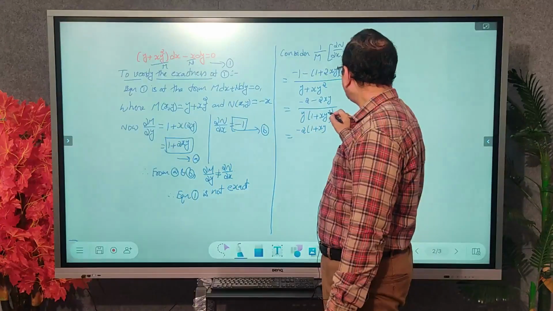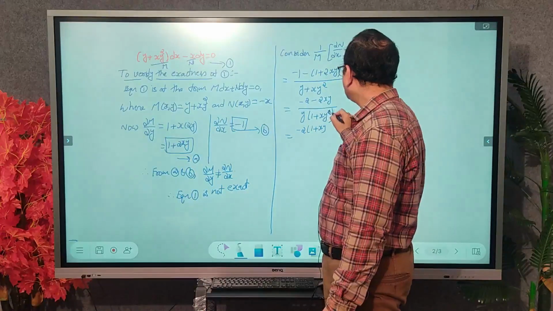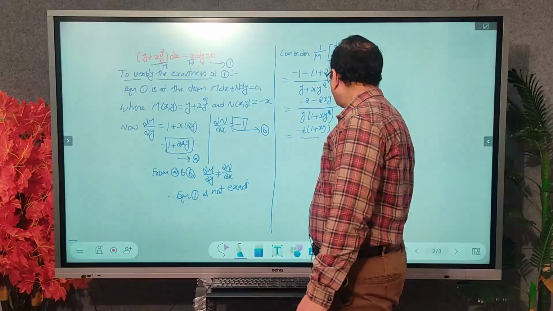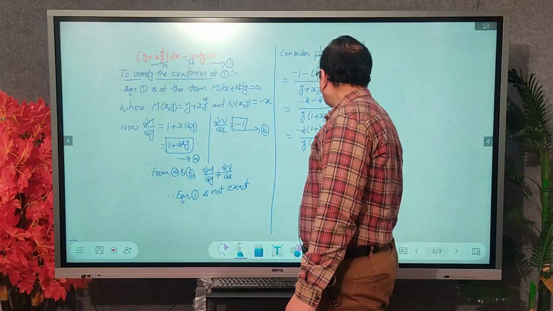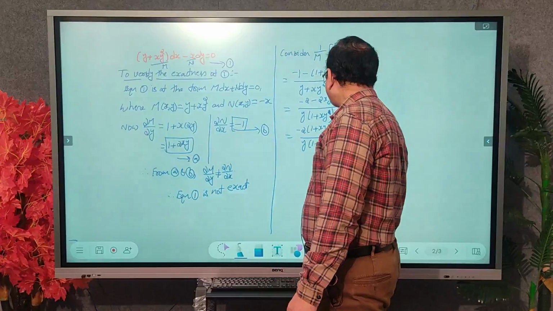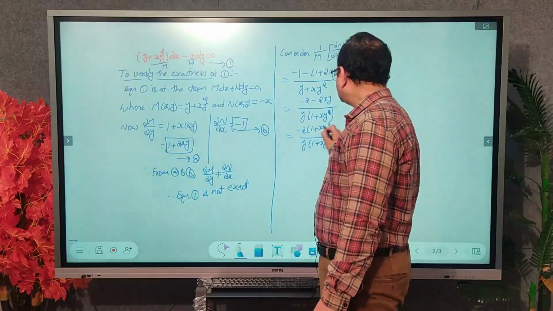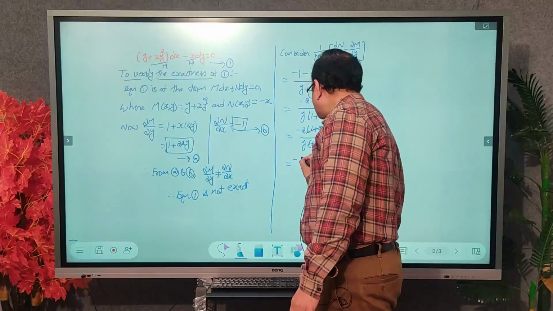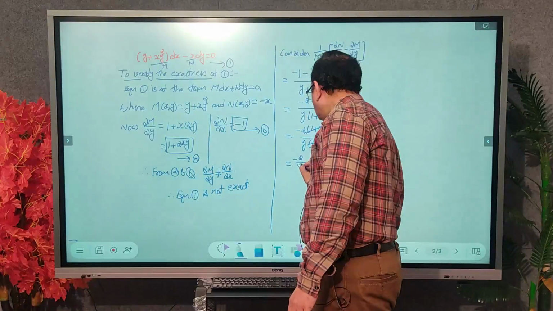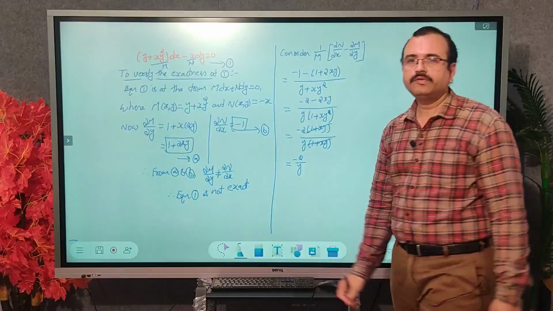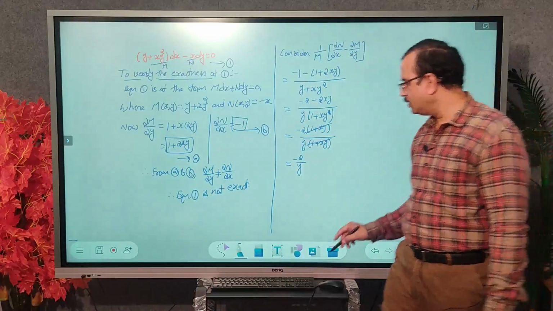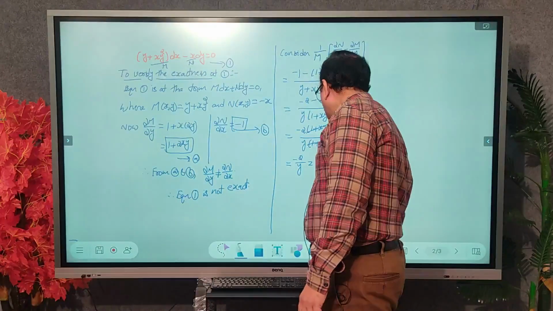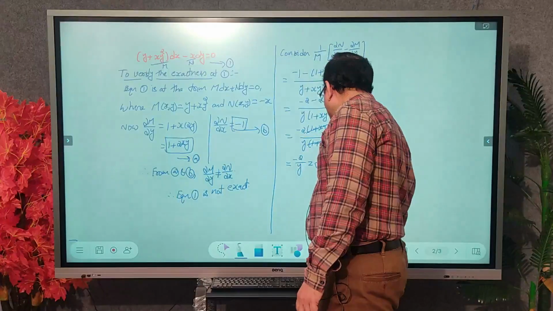After taking y as common, we get 1 + xy only. So (1 + xy) divided by y(1 + xy): the 1 + xy cancels out and we get −2/y. So if you observe, we got it as a function of y alone. Now you can call it some f(y).